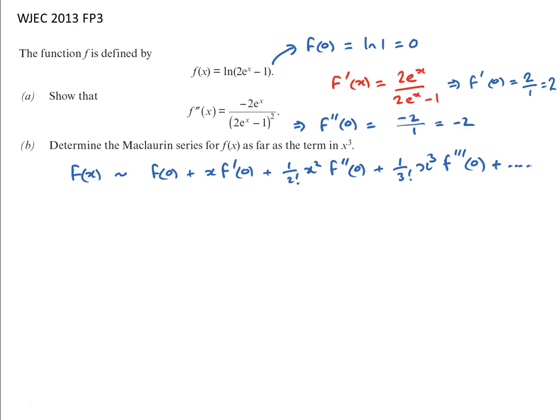So from what we've already done, we can say that the Maclaurin series for f of x is 0 plus 2x minus x squared plus 1 over 3 factorial x cubed times the third derivative of f at 0. So we've got one more differentiation to do.